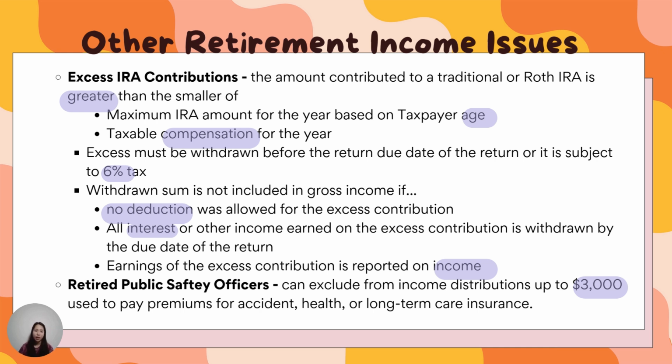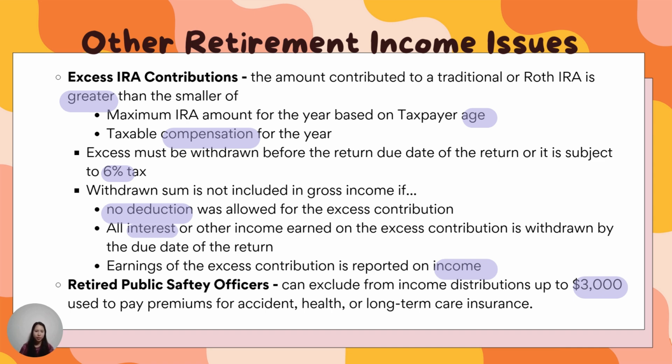So we talked about required minimum distributions. Now we're going to go into excess IRA contributions. Sometimes there's a limit to the amount able to be contributed to a traditional or Roth IRA each year, and this is where the taxpayer goes above that limit.